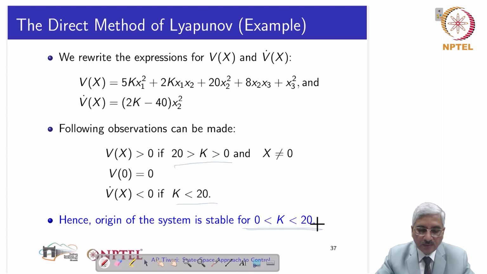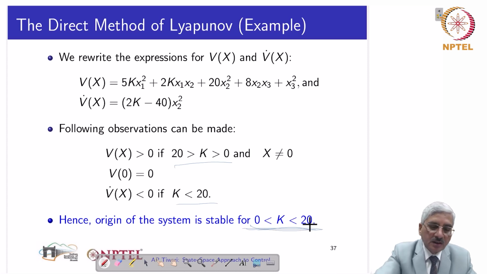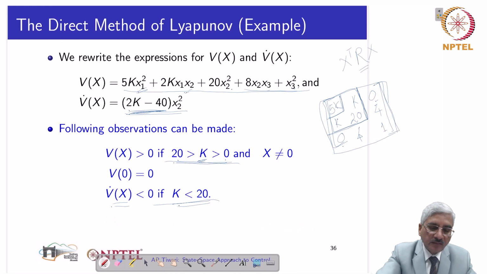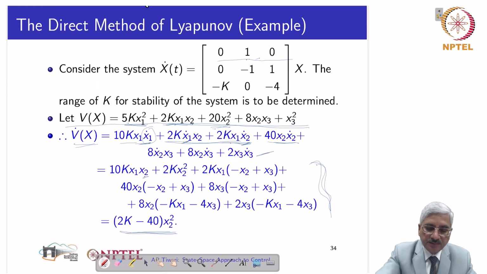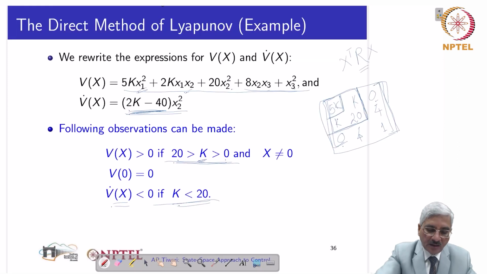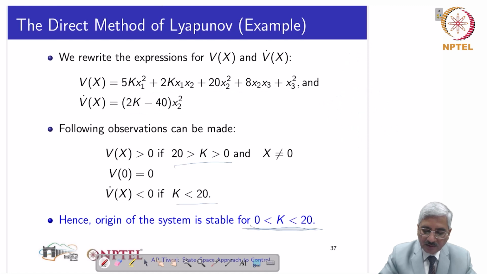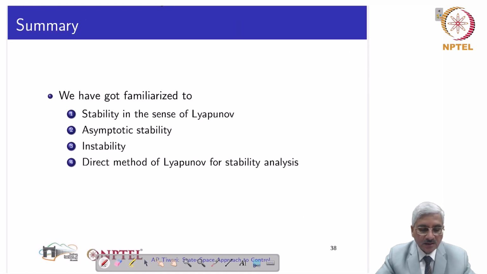This also you can do as an exercise. You can determine by Routh's condition that we get the same answer. Routh stability criterion: you can get the characteristic equation, make the Routh-Hurwitz array, and analyze, so you will get the same condition.